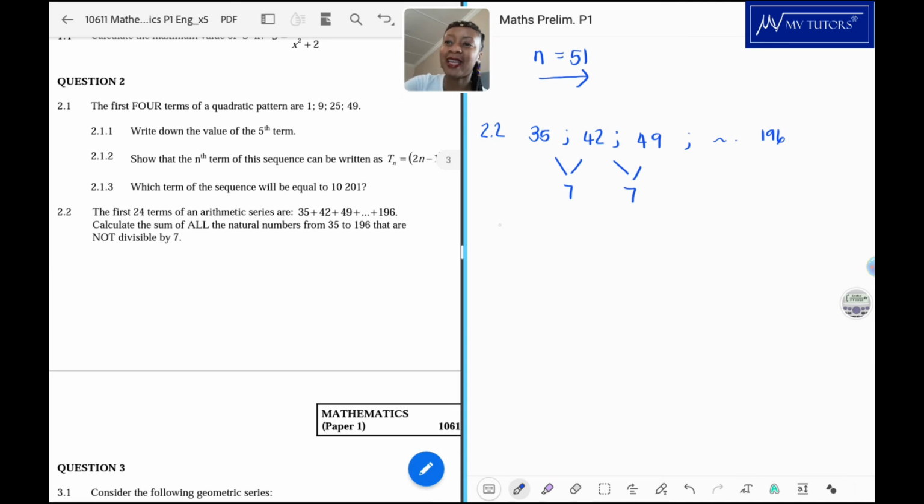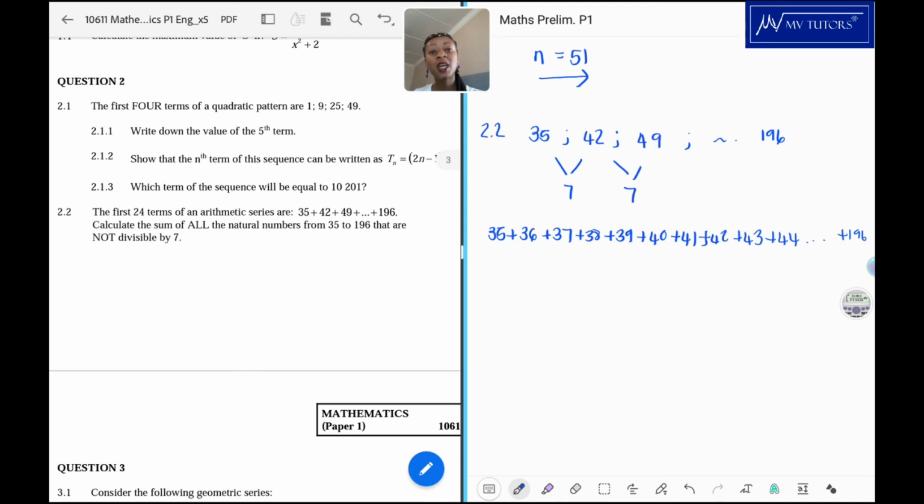They're saying we should add 35 plus 36 plus 37 plus 38 plus 39 plus 40 plus 41 plus 42 plus 43 plus 44 and until we reach 196.